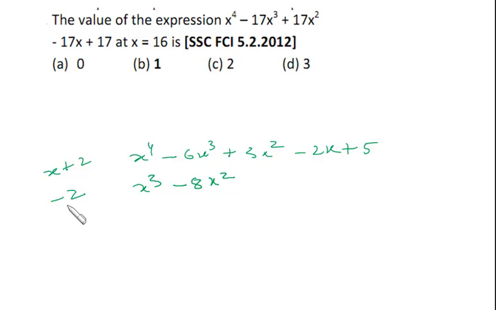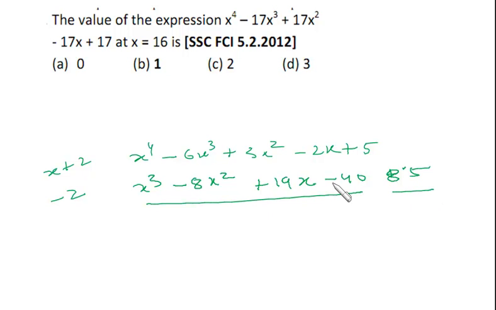Minus 8 into minus 2, 16 plus 3, 19. Minus 38 minus 2, minus 40. 40 into 2, 80 plus 5, 85. So this is the quotient and this is the remainder.